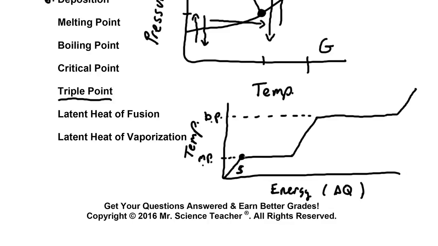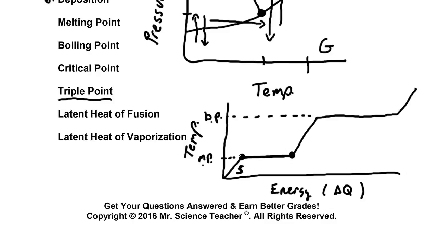Then I add more energy. But notice as I add more energy, the temperature does not change. It changes the state of matter from the solid state to the liquid state. So at this point, I have 100% liquid water.